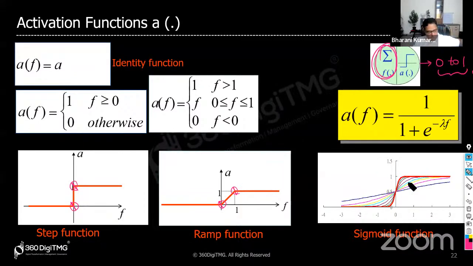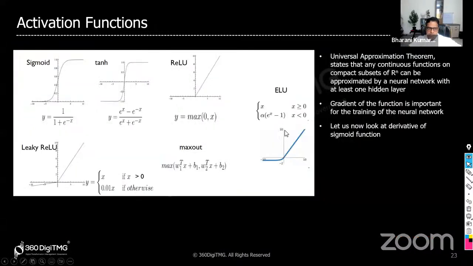So the sigmoid function is going to clamp the values to the range of 0 to 1.